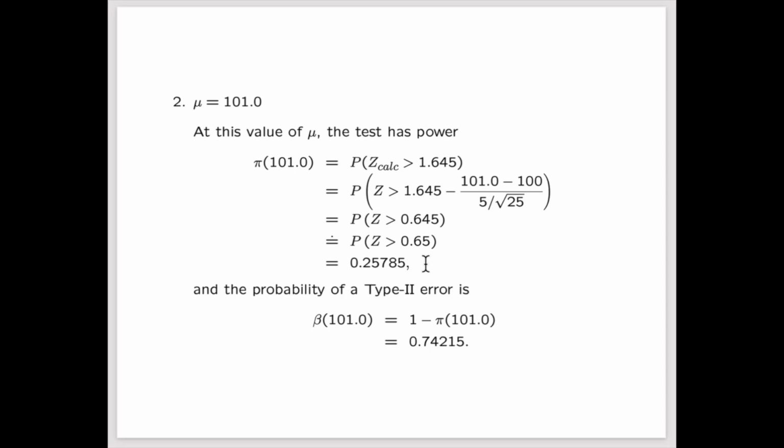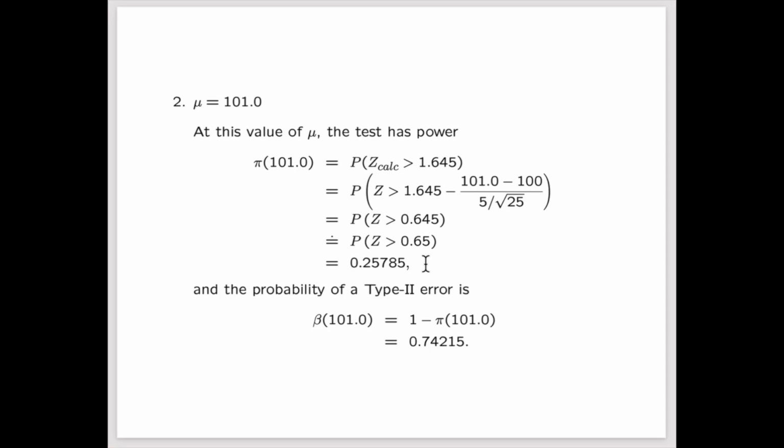So we see here that when we move into the alternative hypothesis space a little further, we do increase the power. Our test becomes better able to detect the fact that the null hypothesis is false and that the alternative hypothesis is true. But we still don't have a lot of power.